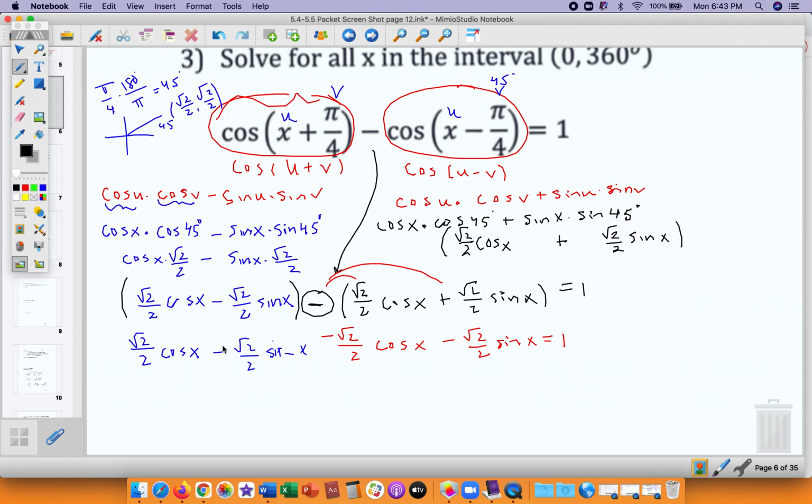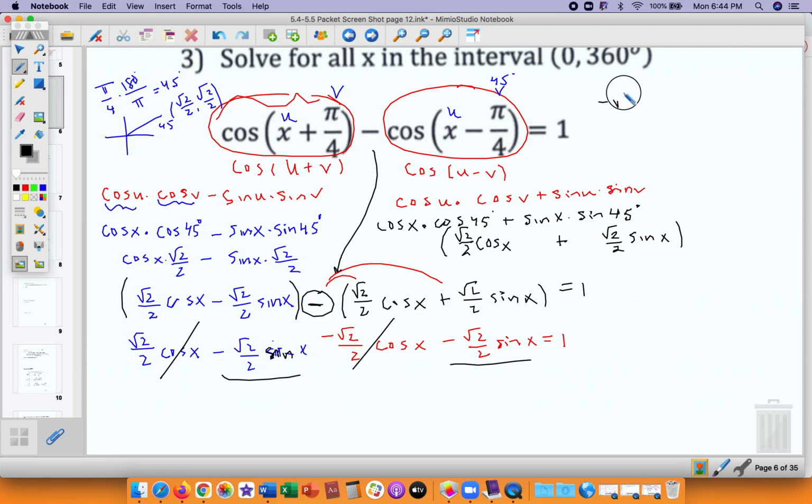Now, let's see. These cancel. And what's left? So we don't see the cos, we only see the sine. So we have negative root 2 over 2 sine x, right? And we have another negative root 2 over 2 sine x. So let's see what that would be.